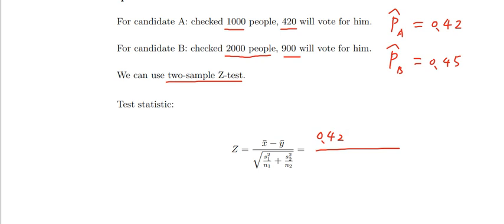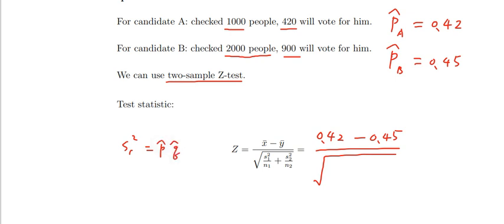So 42, 45, and S1 squared for 10 data is PQ, just P hat, Q hat.